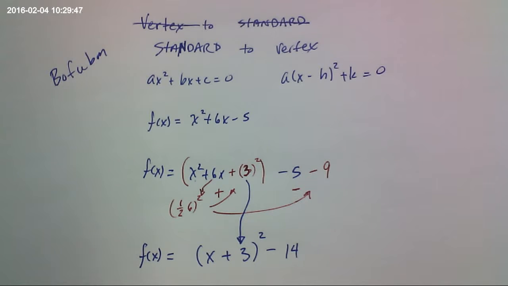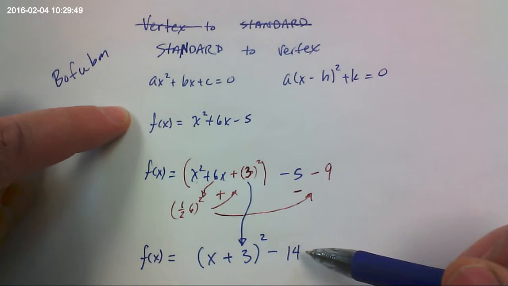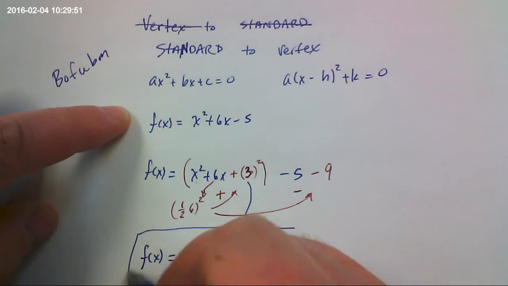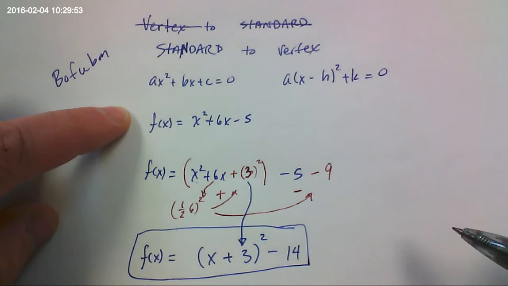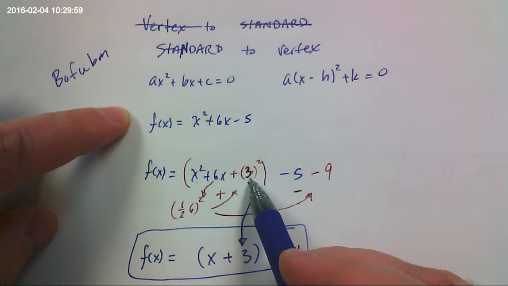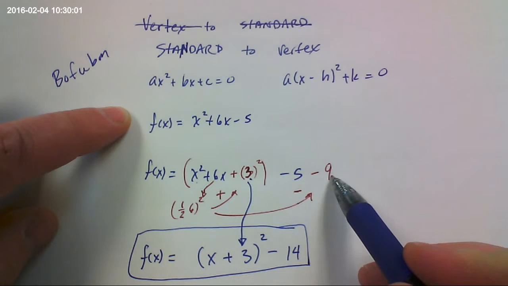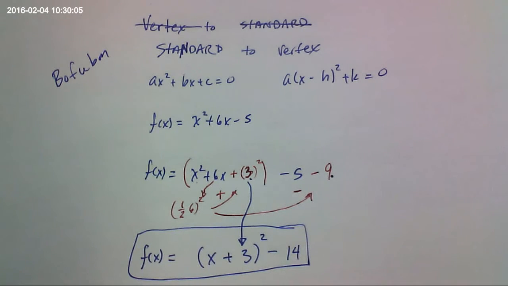So there's vertex form. These two are equal. This is vertex form. Do you see? Half of b squared: you add it and you subtract it. That's why you left that empty space in there.